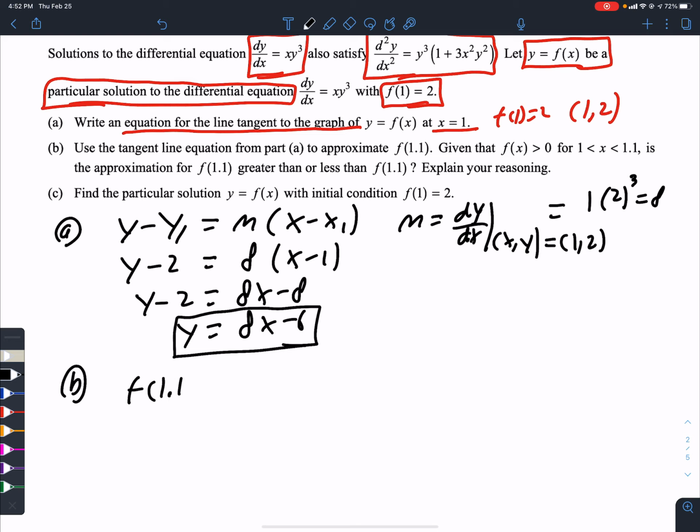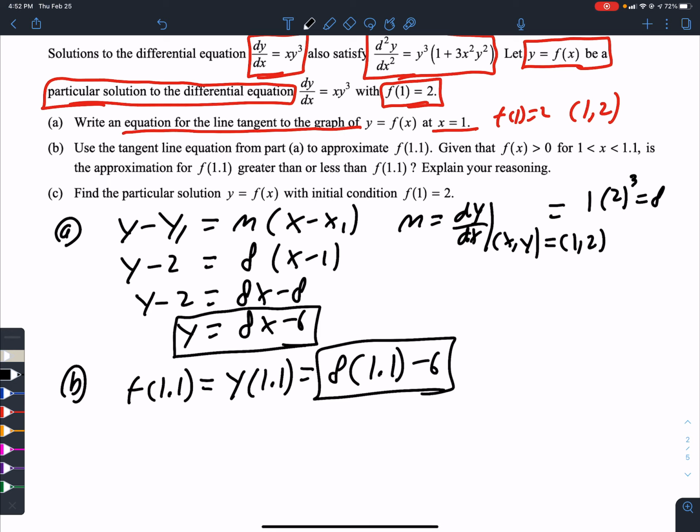F at 1.1 is going to be approximated by our tangent line at 1.1, which is 8 times 1.1 minus 6. There's my answer for my tangent line approximation. Okay, let's keep reading though. Given that f of x is positive, so they're telling us that the function is positive on the interval from 1 to 1.1.